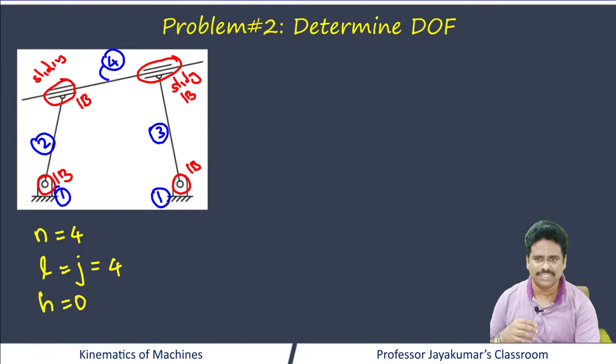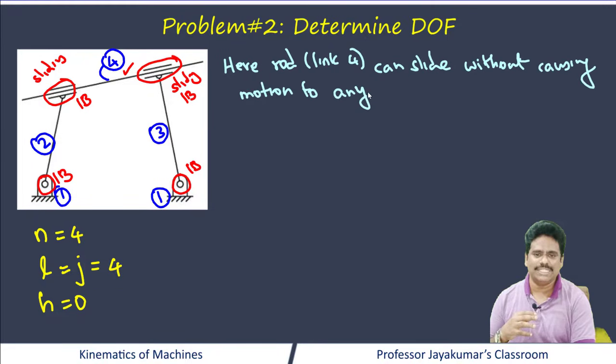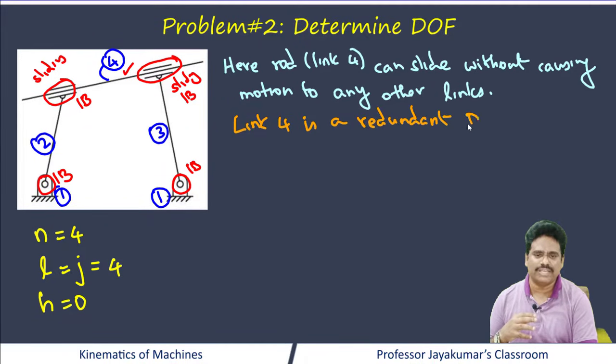Just by observing, we can understand that this rod 4 can slide without causing any motion to other links. So here the rod can slide without causing motion to any other links. It means that link 4 is a redundant degree of freedom.